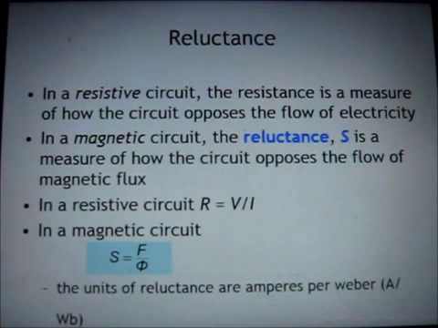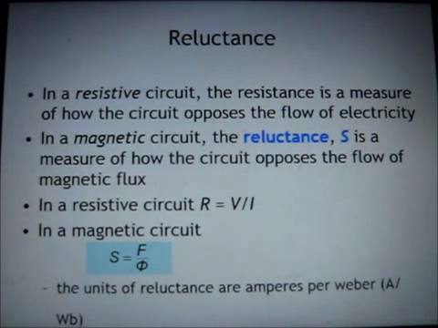Now, a simple term, that is reluctance. In the first video, in the DC circuit part, we learned what resistance, resistivity and a resistive circuit are. Resistance is a measure of how a circuit opposes the flow of electricity, that is, the opposition to the flow of electrons is termed resistance. What if there is an opposition to the flow of magnetic flux?